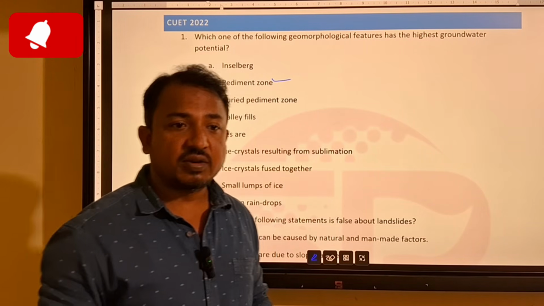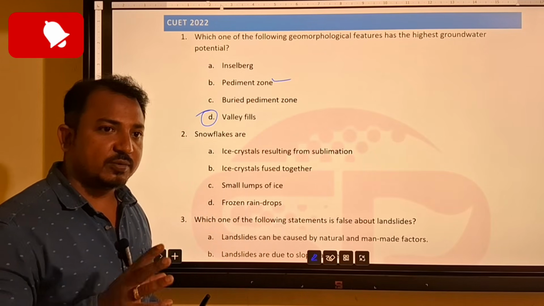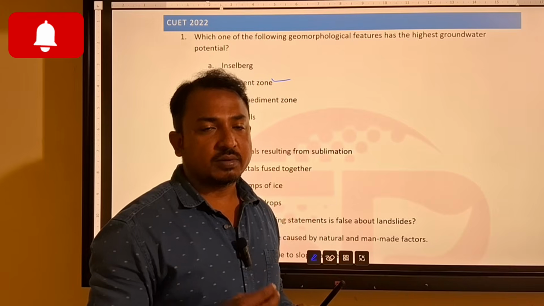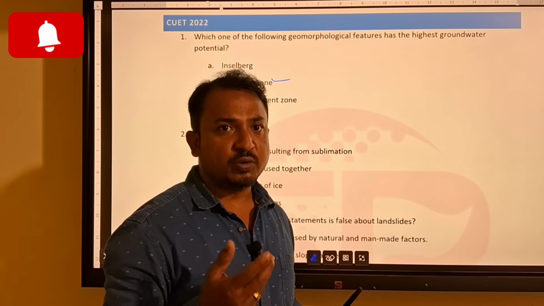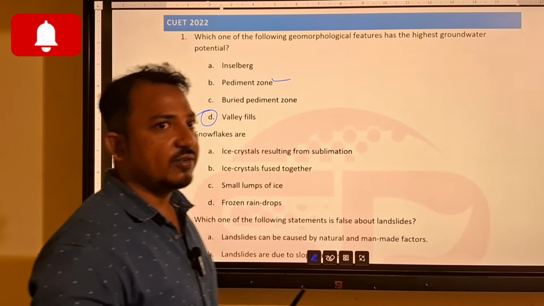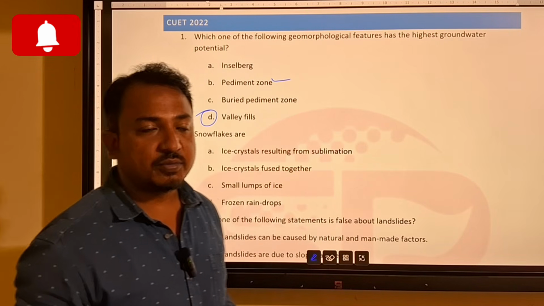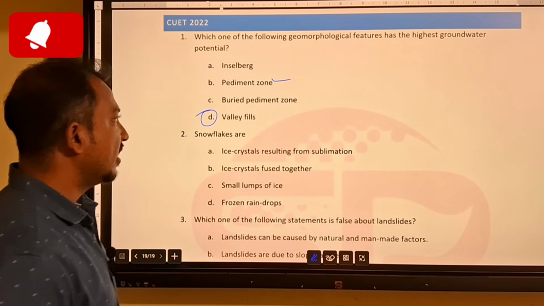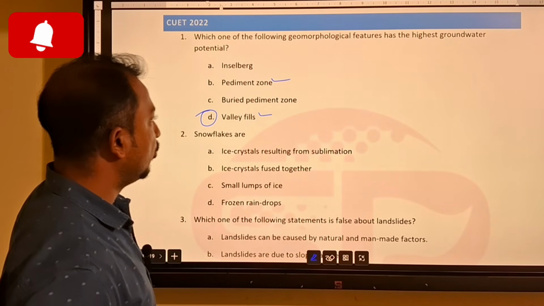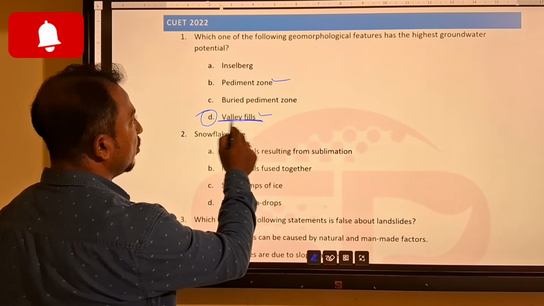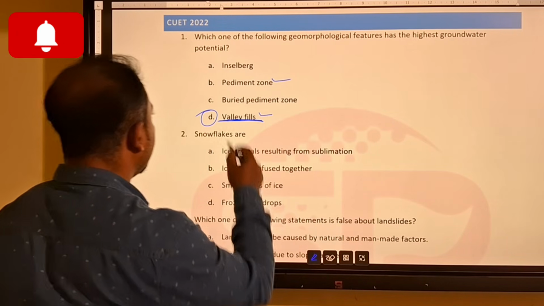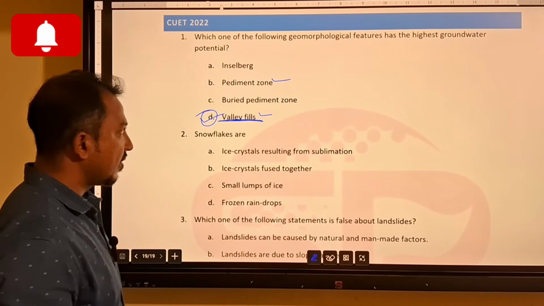Valley fills are valleys filled with mixed sediments from coarser to finer, so they have more. They are very loose. Mostly you can take the example of a buried valley, where glacial deposition or glacial sediments fill the valley. Glacial fills or valley fills are very loose. So that's why they have the highest groundwater potential among these. So answer will be D.